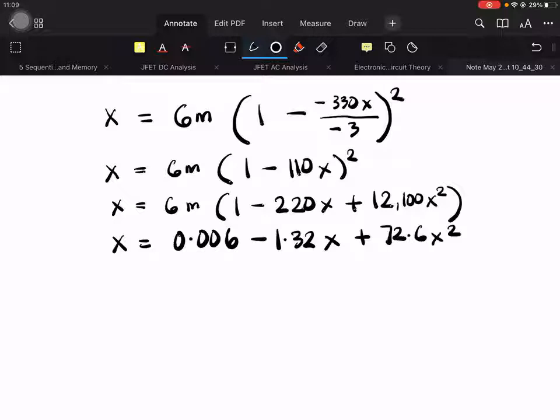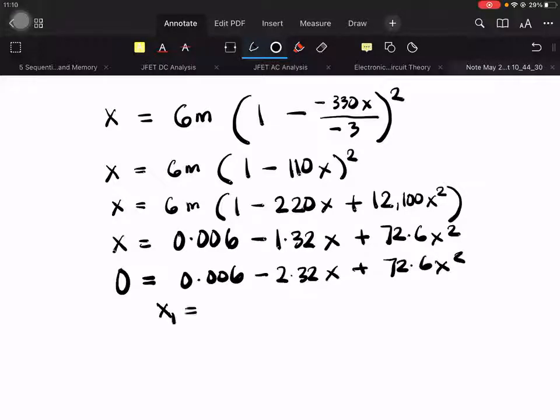Transpose X to the other side. This becomes -2.32. So 0 is equal to 0.006 minus 2.32x plus 72.6x squared.